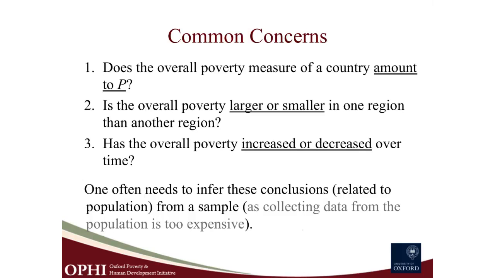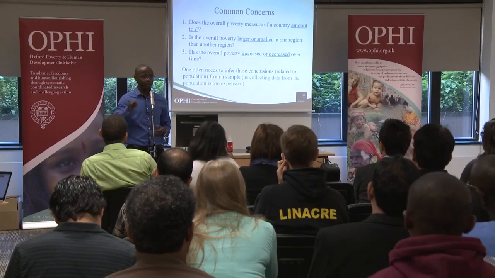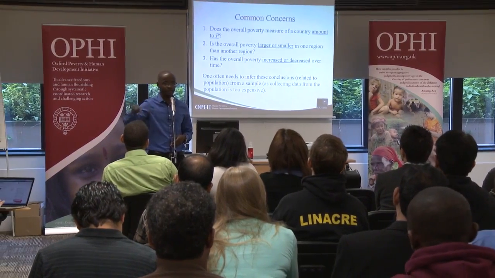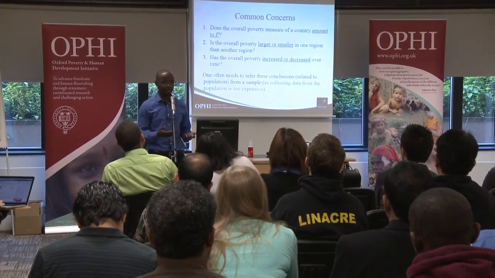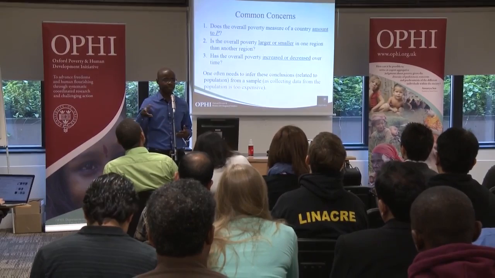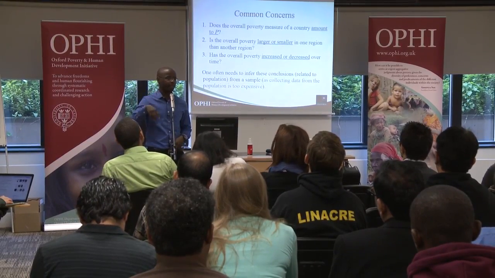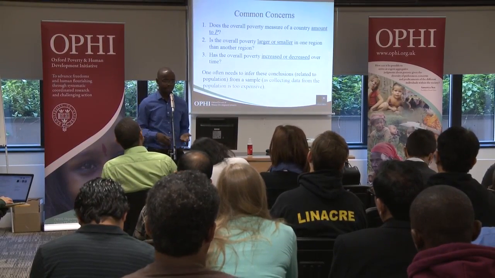For example, let's say we are interested in estimating the poverty level. Is the overall poverty in a country exactly what we get from an estimation from a sample? This is the kind of question we want to answer. Or let's say we want to compare poverty in two regions, for example the M0 between India and Bangladesh.